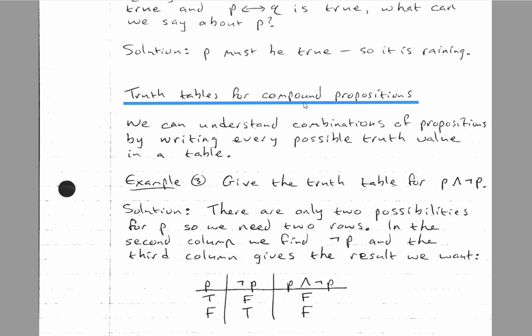And if you want to understand a compound proposition, then a good way is to write down its truth table, which just looks at every possible truth value for the propositions involved, and so you can see how the compound proposition works.